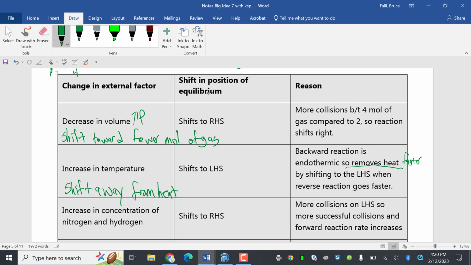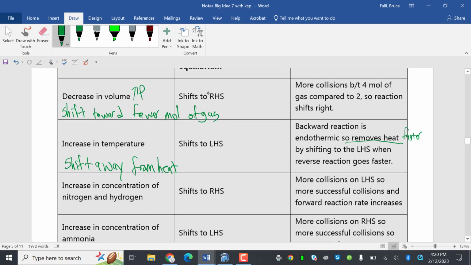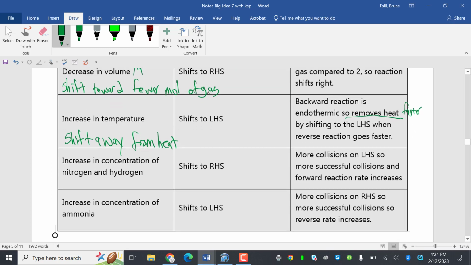Removes heat. Okay, increasing the concentration of nitrogen and hydrogen. So again, nitrogen and hydrogen are reactants. So if I have products over reactants, do you see how if I add reactants, if that number goes up, Q will go down. So Q is less than K, right?